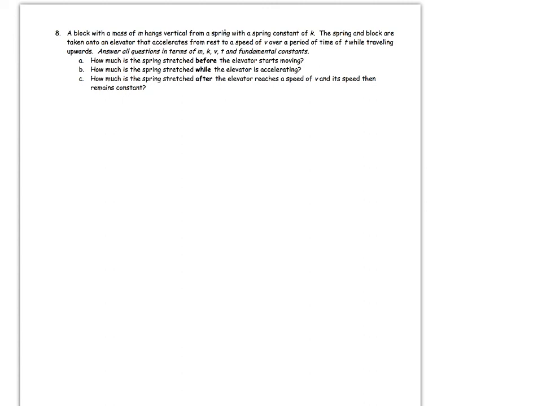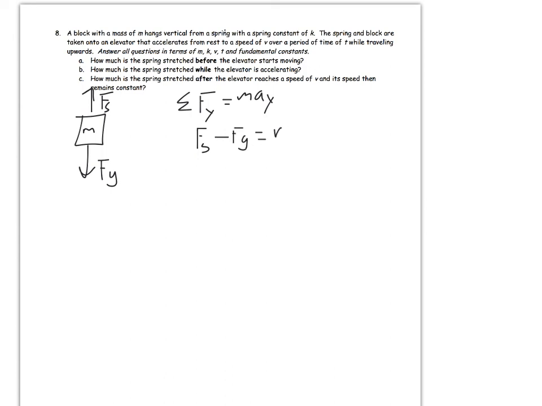So in all these cases, I'm going to start with my free body diagram. We have the force of gravity going down on this block, and we have the spring force going up. And so we're going to have the sum of the forces in the y equals m a y. My equation is always going to be Fs minus Fg equals m times ay, and I can actually substitute in for Fs.